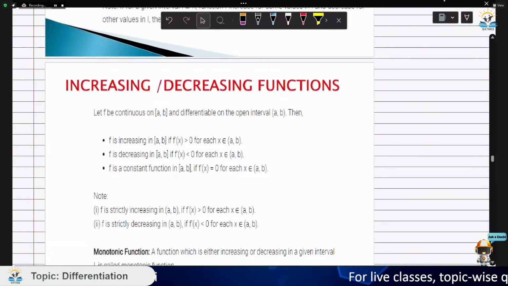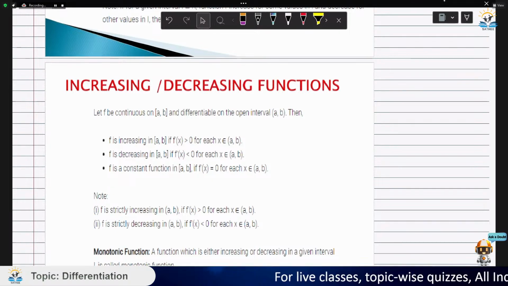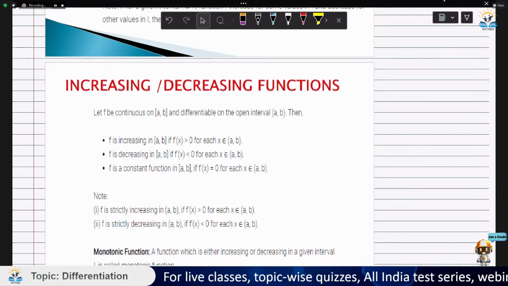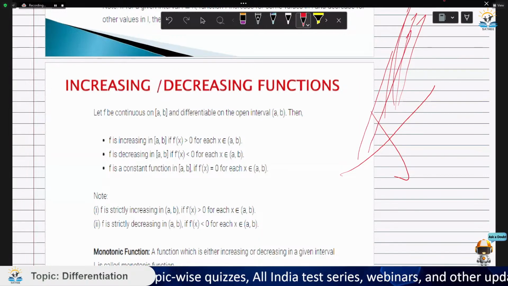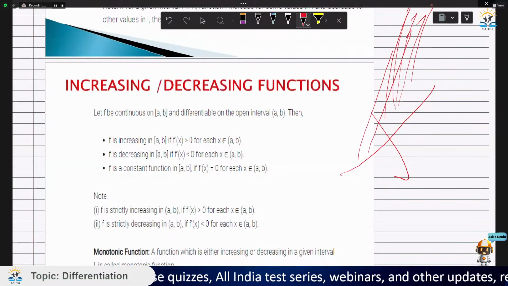So if the derivative of f(x) is positive for each x in (a, b), the function is increasing. If it is negative, then the function is decreasing. How do we say that? See, f dash of x is the slope of the function. And if the slope is always positive, that means the curve is always moving in an upward direction, right? Then we can say that f of x is always increasing.